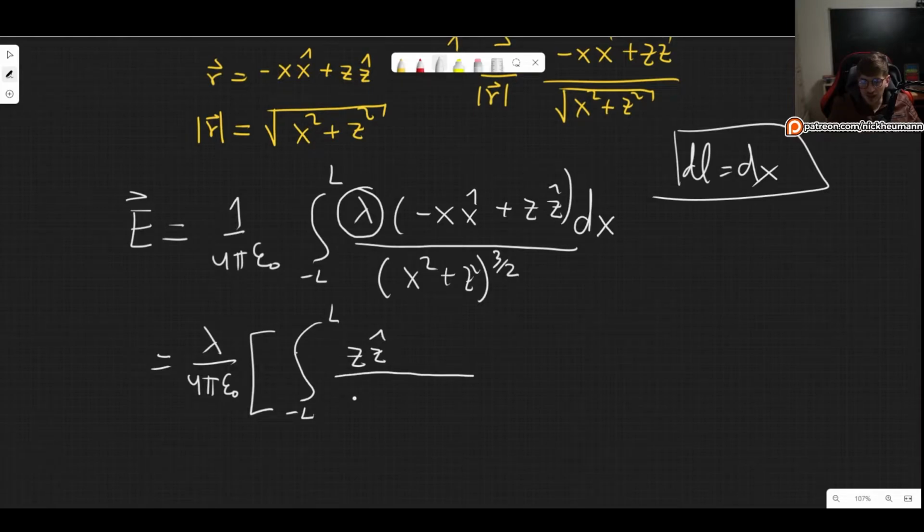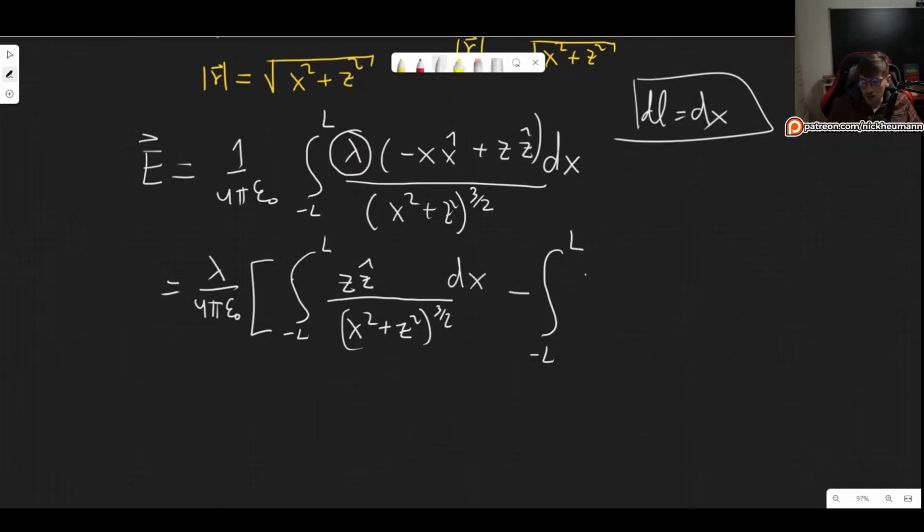Okay, and we divide by x squared plus z squared to the 3/2 power, and then dx. And then, of course, we have the other integral, so minus L to L of x hat dx, and we divide this by x squared plus z squared to the 3/2 power. Okay, so those are the two integrals that we need to solve.